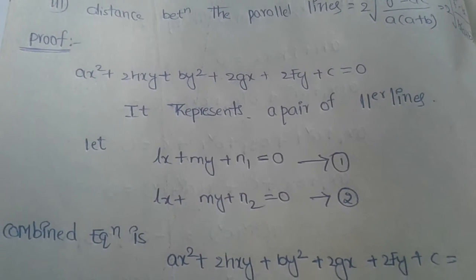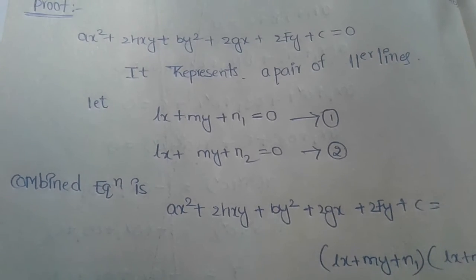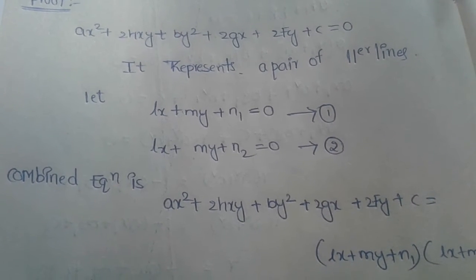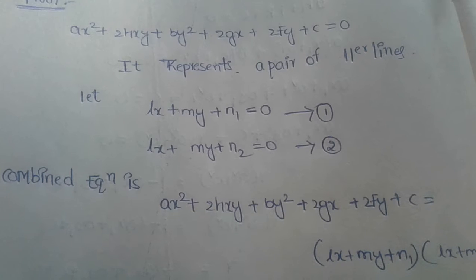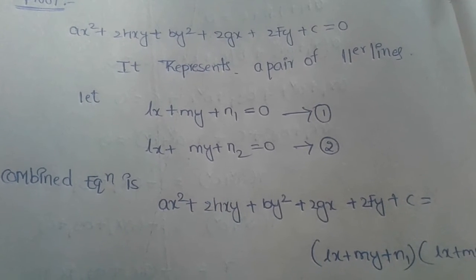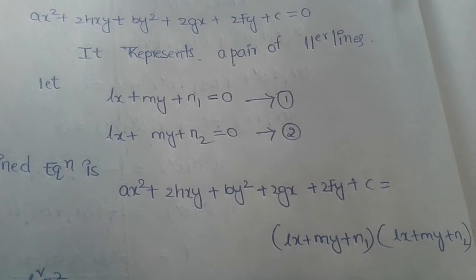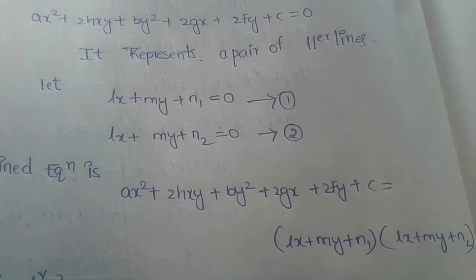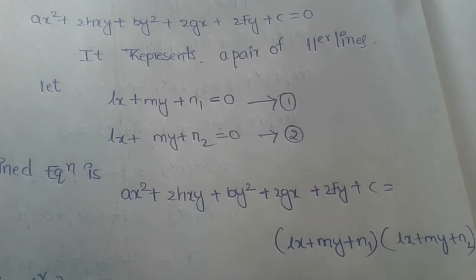Both combined, the equation ax² + 2hxy + by² + 2gx + 2fy + c = 0 is equal to (lx + my + n1)(lx + my + n2).